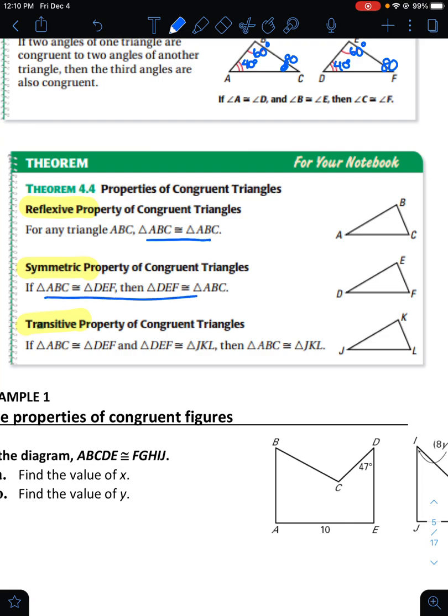On symmetric, I think of it as the switching property. If triangle ABC is congruent to triangle DEF, then triangle DEF is congruent to ABC. And transitive is kind of like saying if A equals B and B equals C, then A equals C. So we've got the same idea along with triangle names.